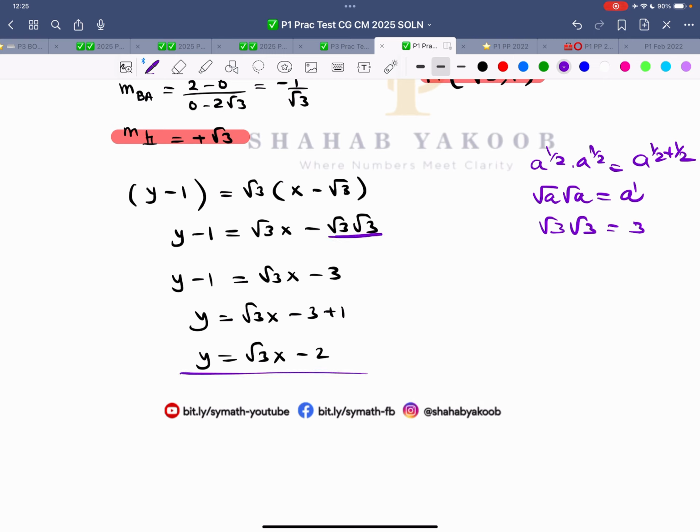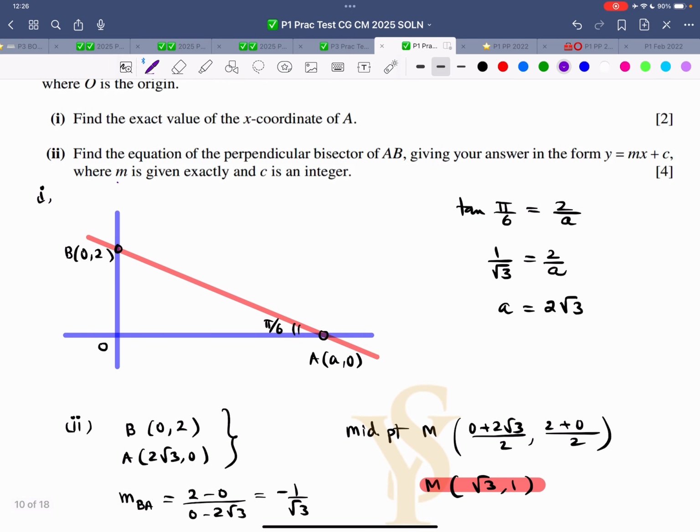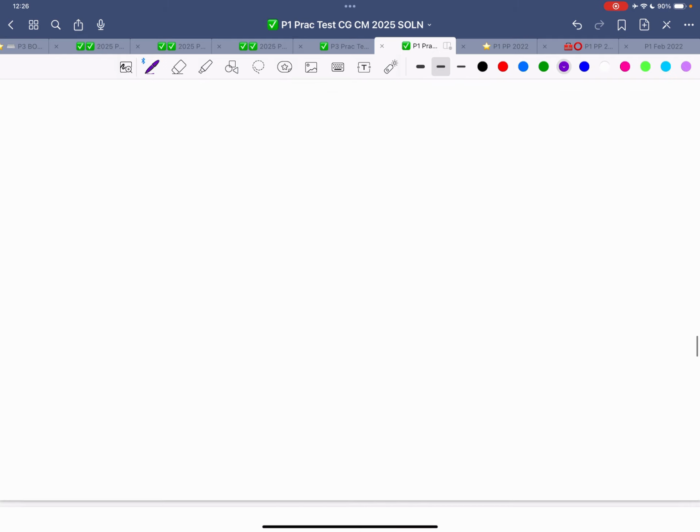And this is what we are getting. M is exact, that is root 3. C is an integer, that is negative 2. And that is exactly what's given. M is given exactly, C is an integer. So whatever they have written, every single dot, every single word that they use, it makes sense. Let's move on. So question 3 is done.